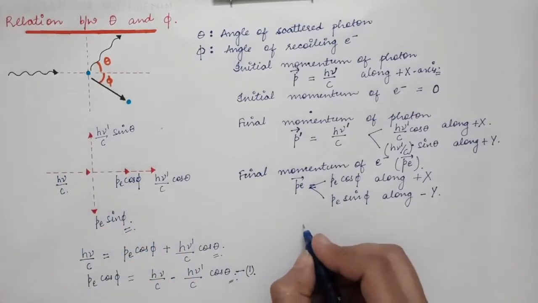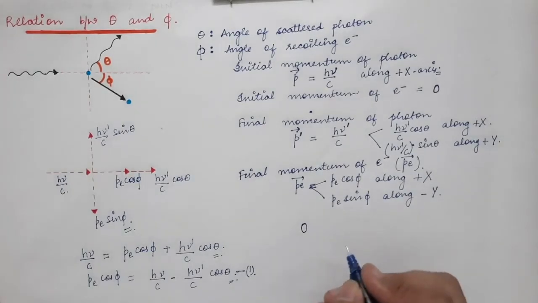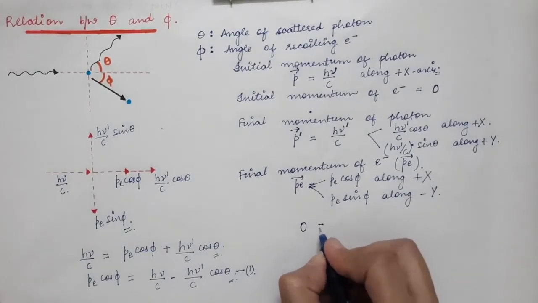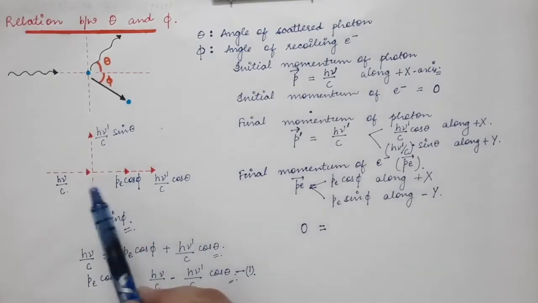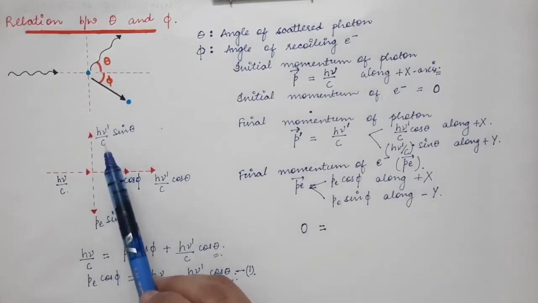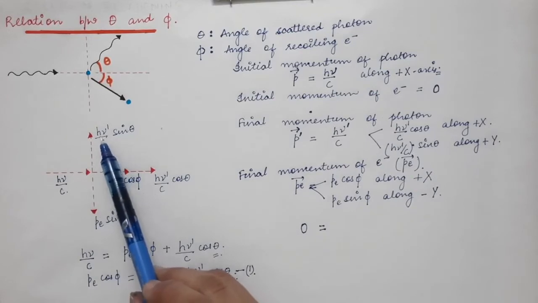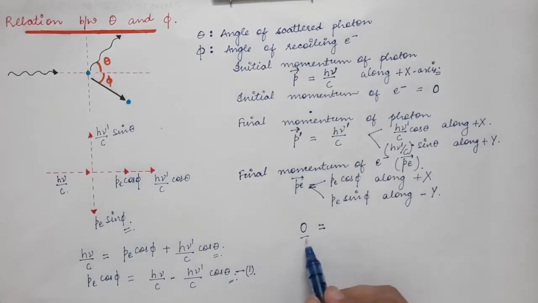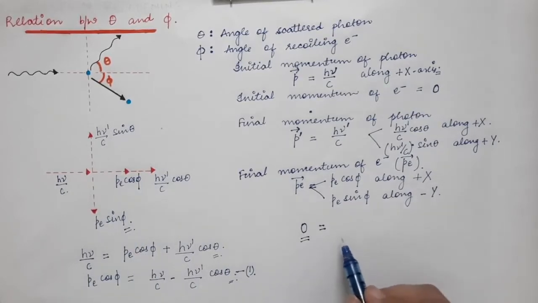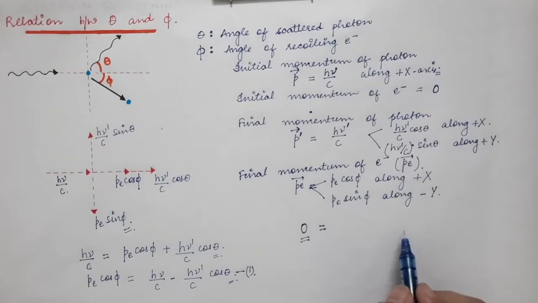So the initial vertical component of the momentum is equal to 0, and that must be equal to the final vertical component of the momentum. And after the interaction we have 2 vertical components. One is h nu prime by c sin theta and another is Pe sin phi. So initial vertical component is 0, and that must be equal to the final vertical component.